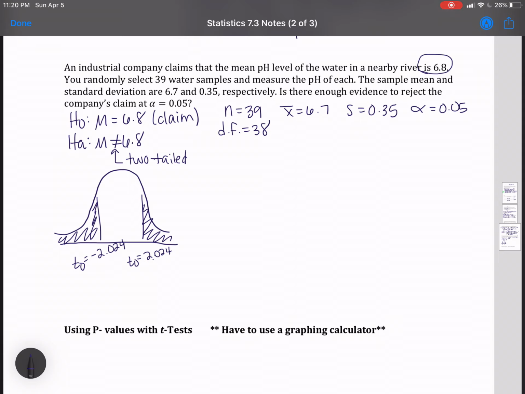Now we want to find our test statistic. So t equals x bar minus mu over s divided by the square root of n. So we have 6.7 minus 6.8 over 0.35 divided by the square root of 39.